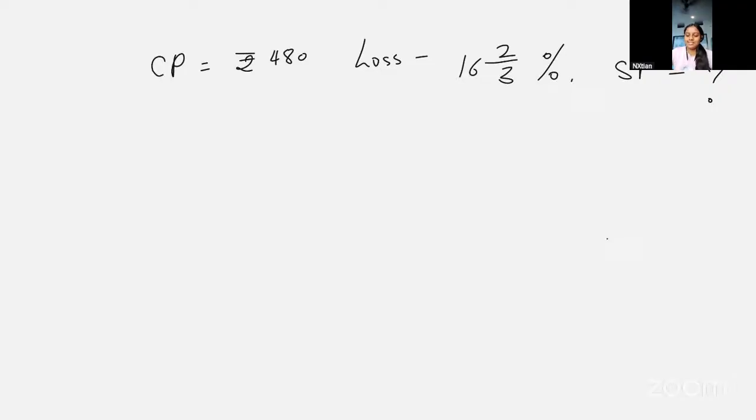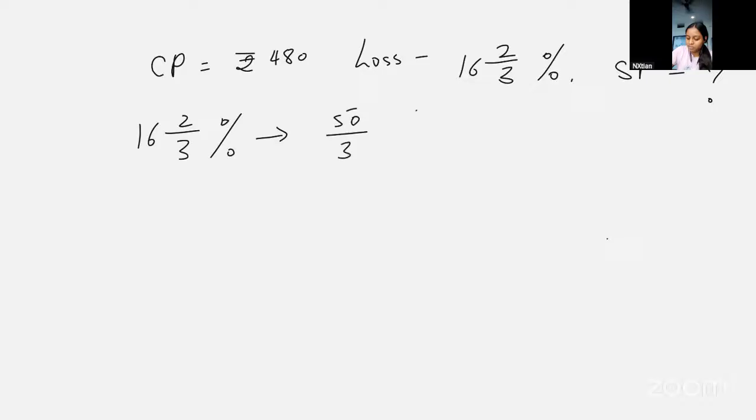No, Eva, that's incorrect. Okay, first we will convert loss, that is 16, 2 by 3%, into an improper fraction. So multiply 16 with 3. 50 by 3. Yes, first 48 plus 2, 50 by 3.